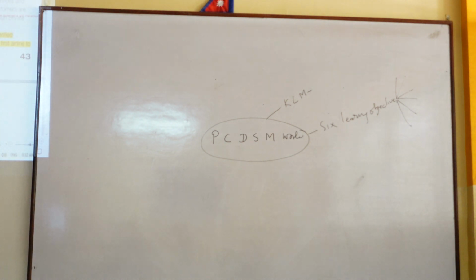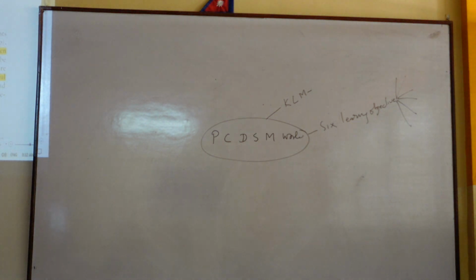And to take a quick tour of the chapter, for example, in learning objective 1, we read about why communication is important. Then we read about why communication is important for your career. Then we read about why communication is important for the company, for operation, for intelligence, and for relationship.